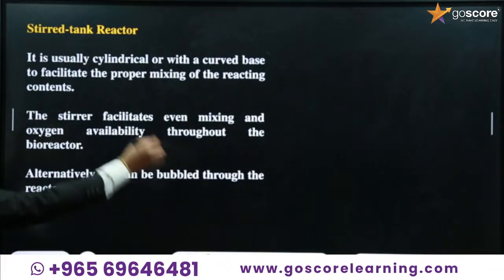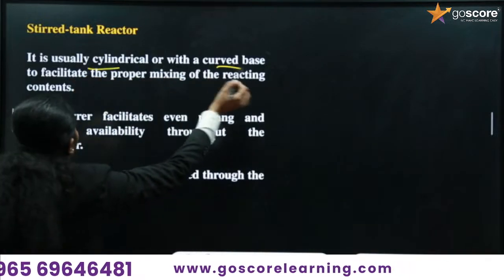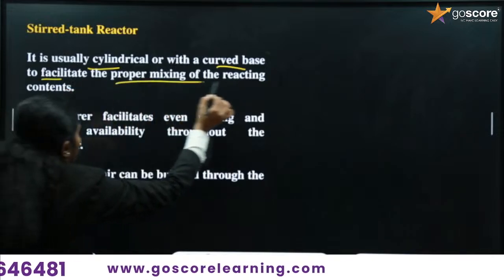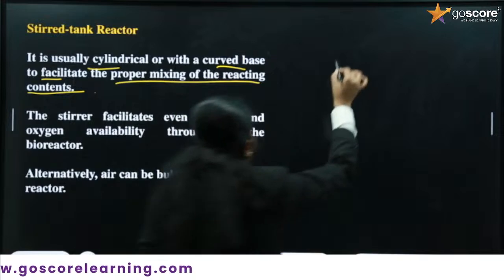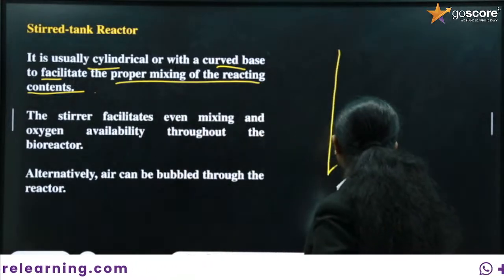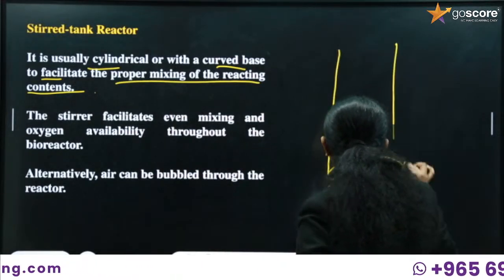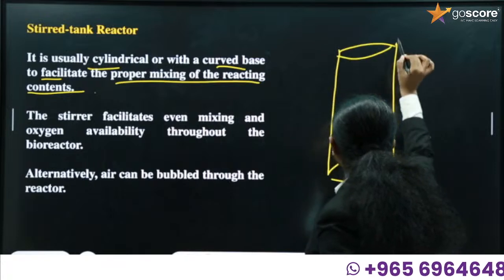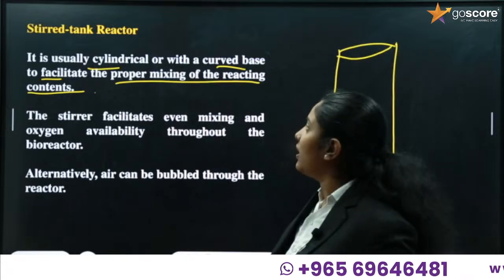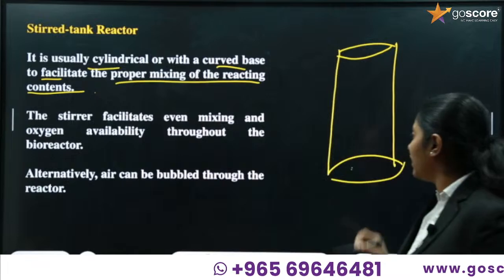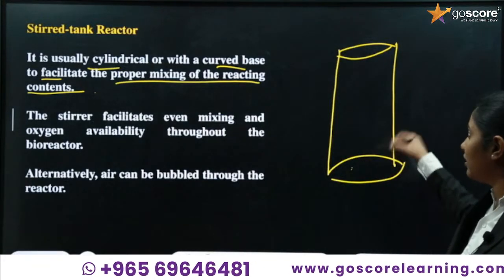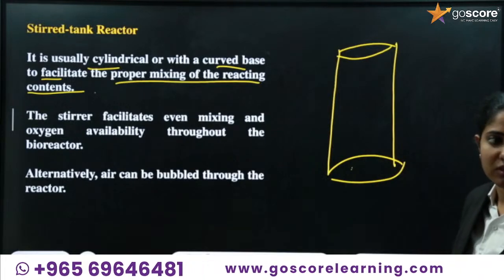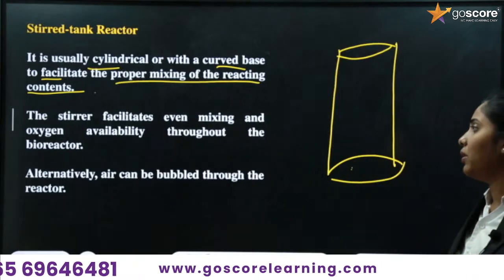They are usually cylindrical, with a curved base to facilitate proper mixing of the reacting contents. Just study what the shape is: it is cylindrical. Stirred tanks are usually cylindrical in shape, and the curved base helps to facilitate the mixing of the different molecules given inside the bioreactor.